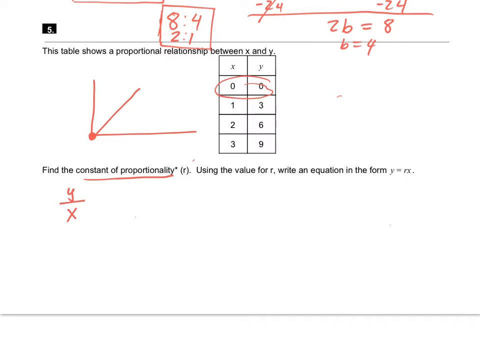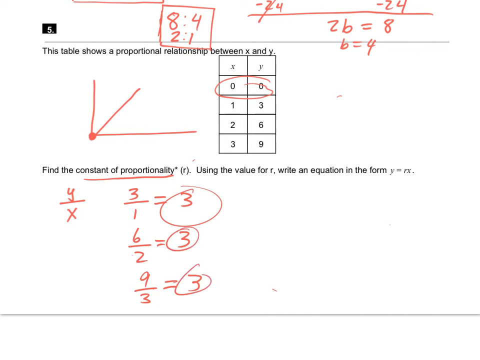So now I want to grab my y elements, and I want to divide it by my x elements. I want to start with 3 divided by 1. That gives me 3. 6 divided by 2 gives me 3. And 9 divided by 3 gives me 3. Now, as you can tell, all of them are the same.